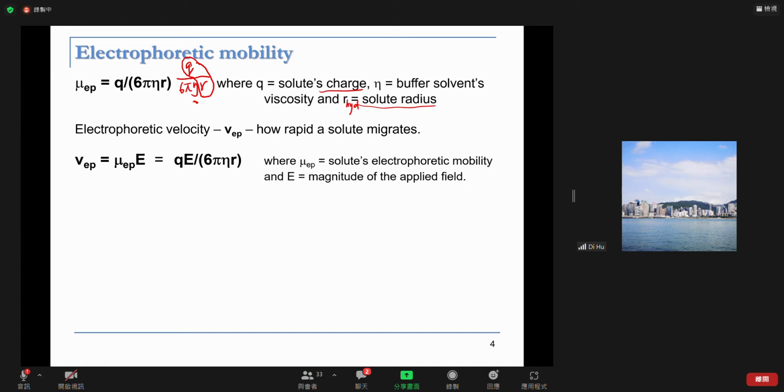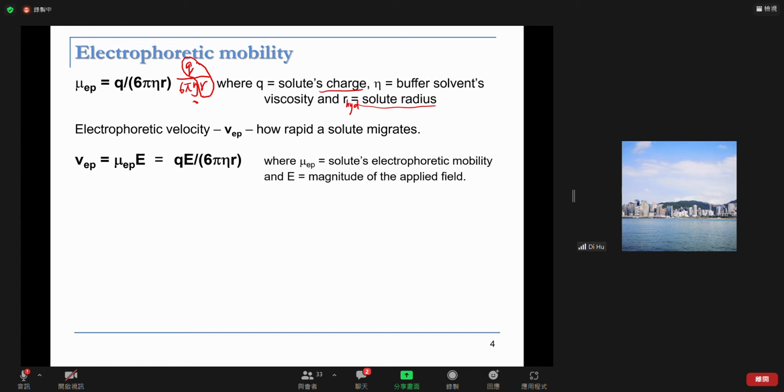That means the less viscous the buffer solution, the larger the electrophoretic mobility.